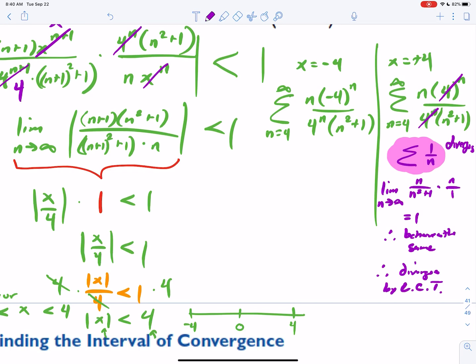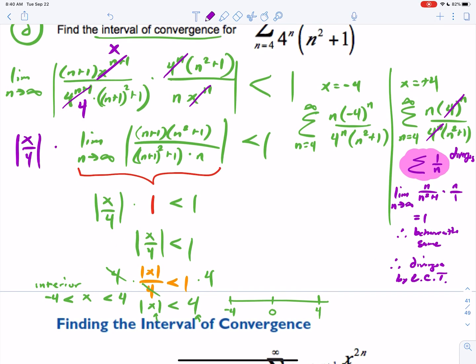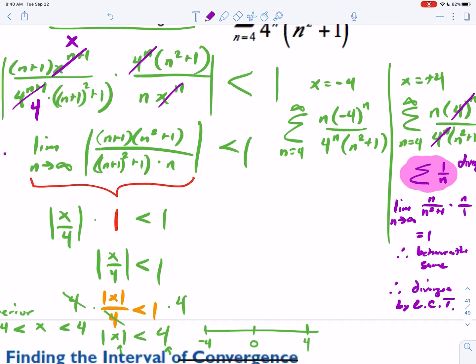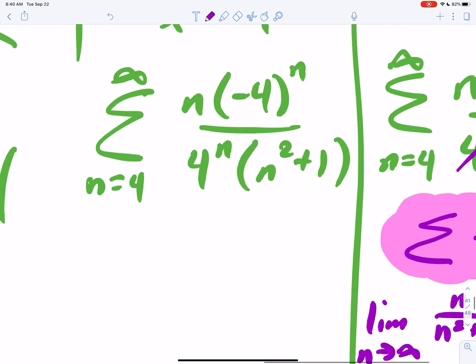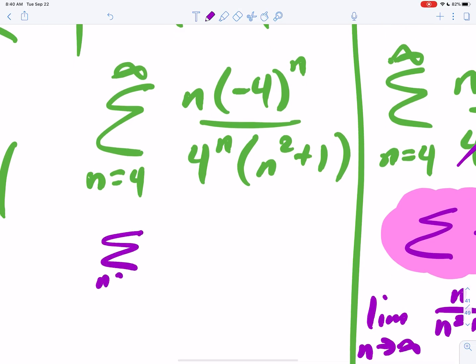So a little bit of justification here, you guys. Here you could do this in many different ways. The easiest way to see it, I think, is to split that alternating part. So -4 is the same thing as -1 to the n times 4 to the n.